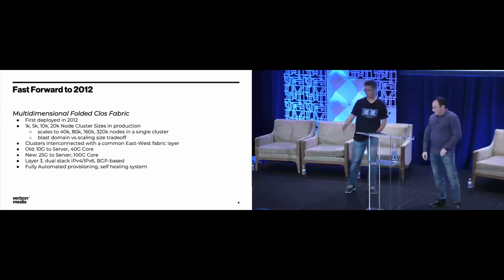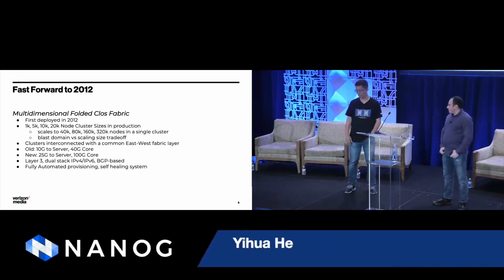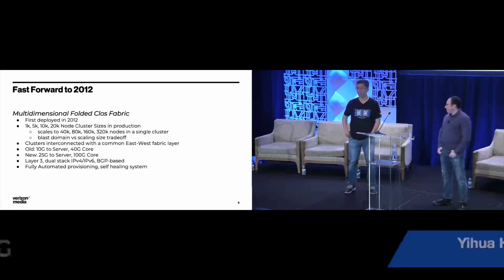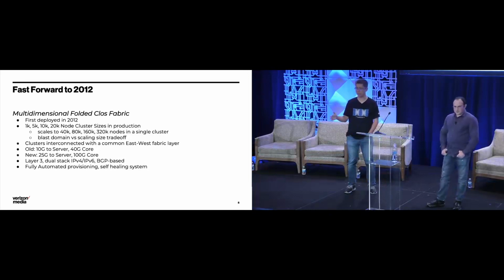Right. And we build many clusters with different variants of sizes, and then we can interconnect them with the fabric layer that's on top. We are going to see the details in the next few slides. Also, we have different speeds. So the ability to deploy different sizes at different times gives us the ability to deploy different technologies at different times.